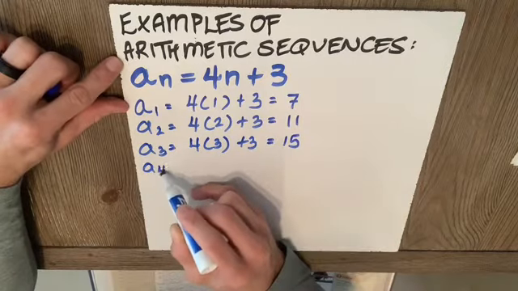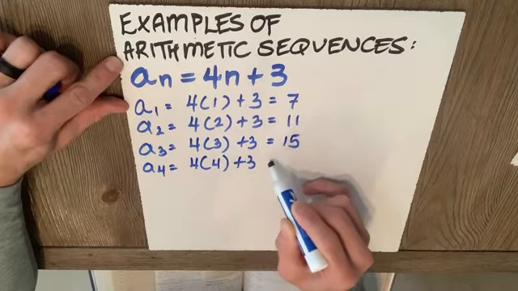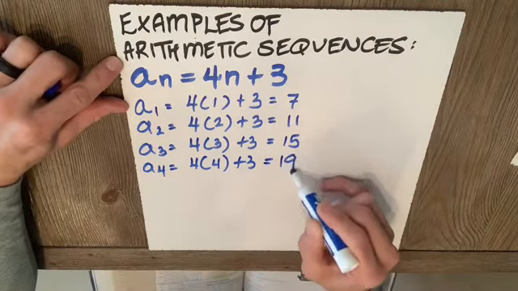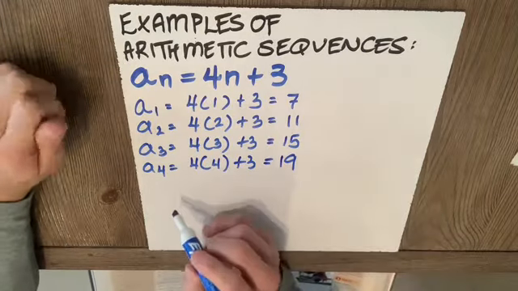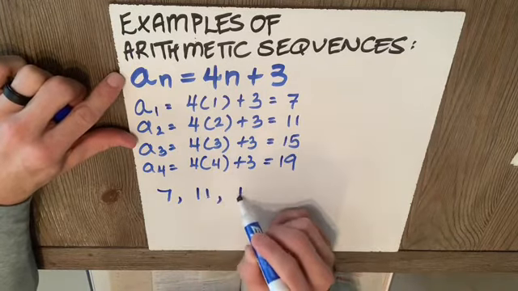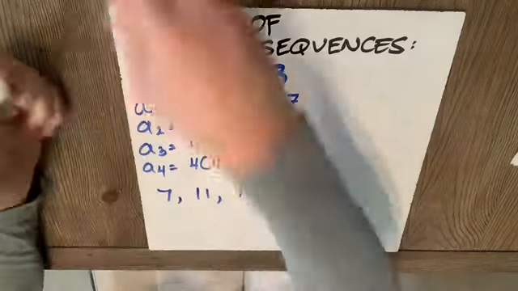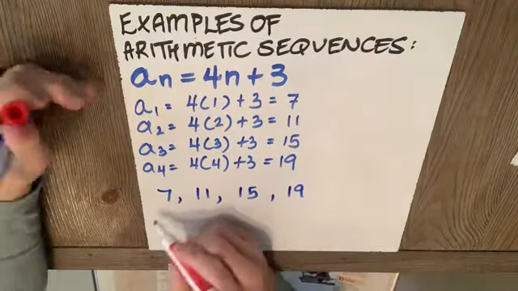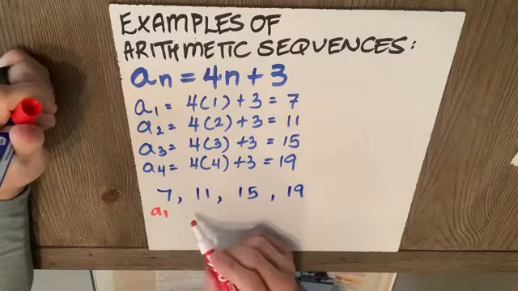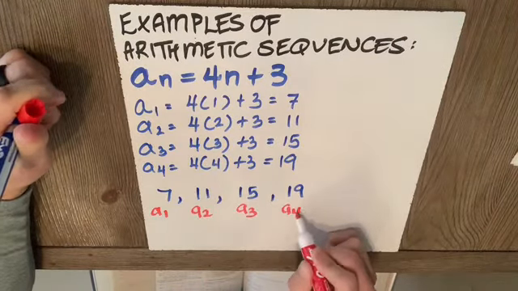If I put in a 4, I get 19. So my first 4 terms are 7, 11, 15, 19. This is the first one I come to, so it's automatically A1, A2, A3, A4.